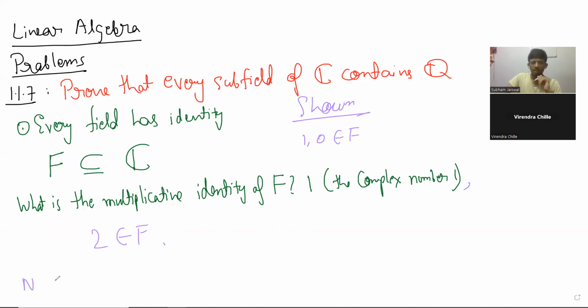So now can you show that N, the natural numbers, is a subset of F? Yes, sir. Correct. Now show that Z is there. Try to show minus 1 is there.